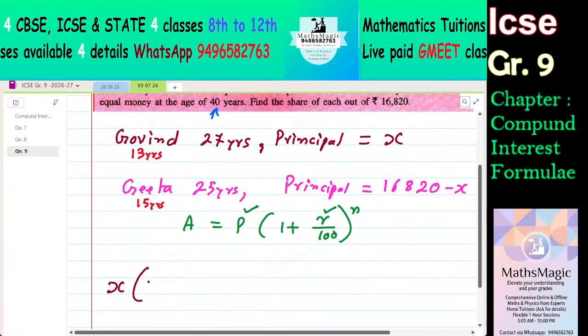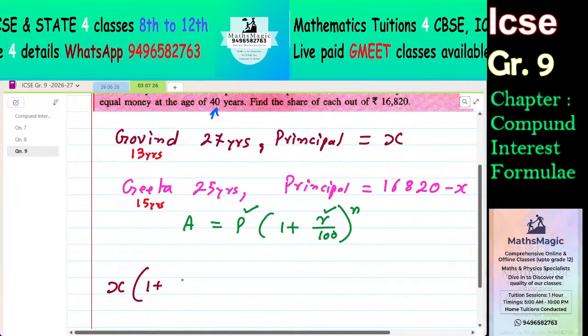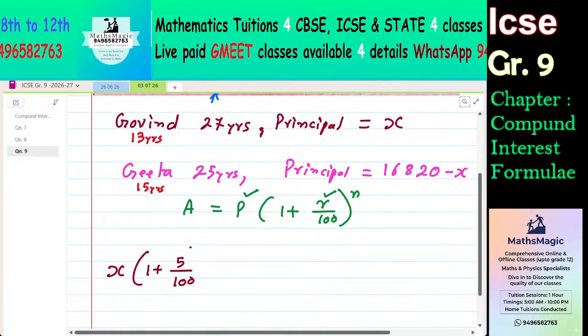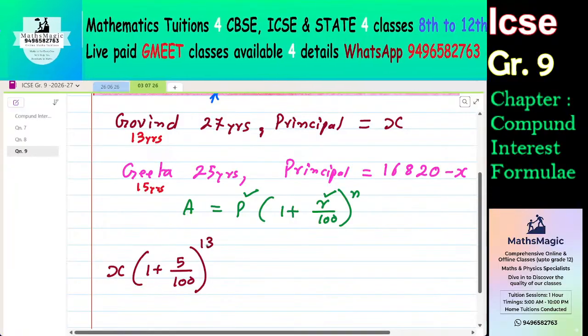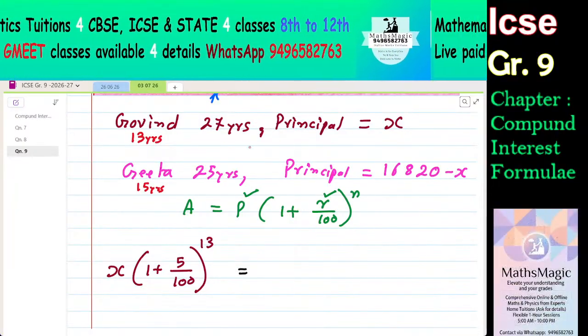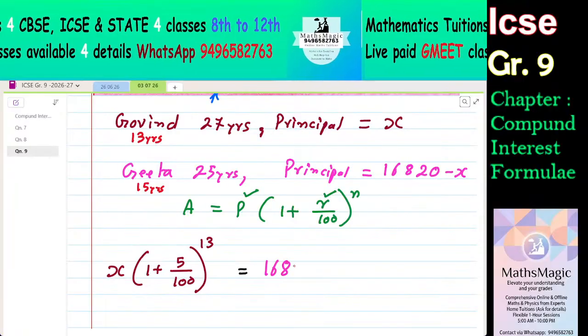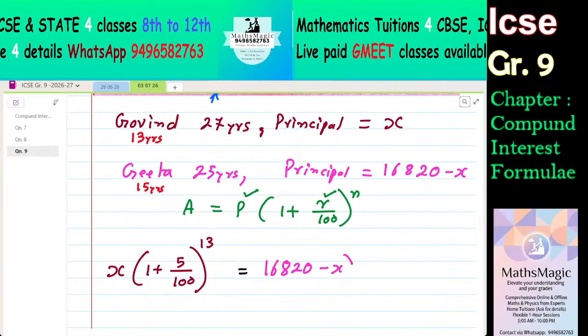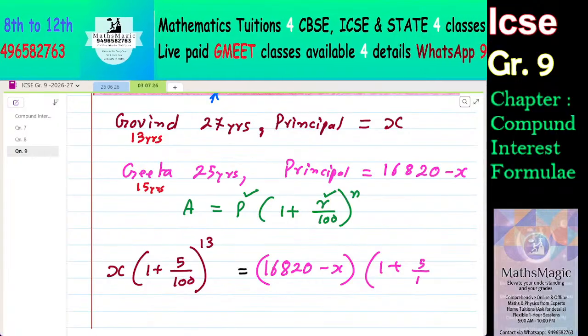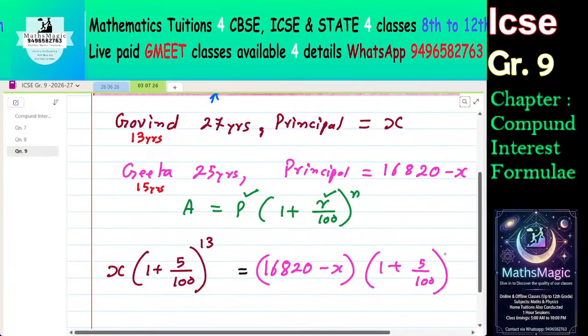X times (1 plus 5 by 100) whole to power 13 gives 16820 minus X times (1 plus 5 by 100) whole to power 15.